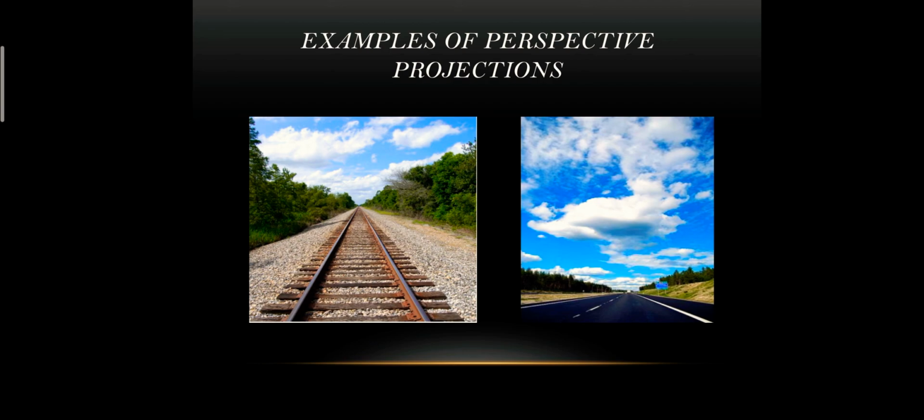Another picture is of a road where all the dimension lines are meeting at a point. This is also a one point perspective. These are the basic examples of one point perspective projection.